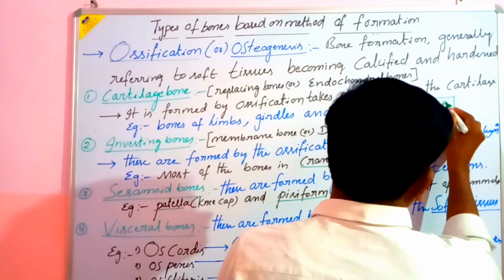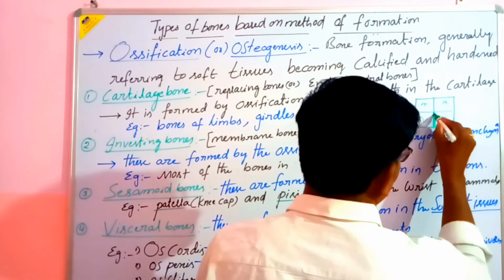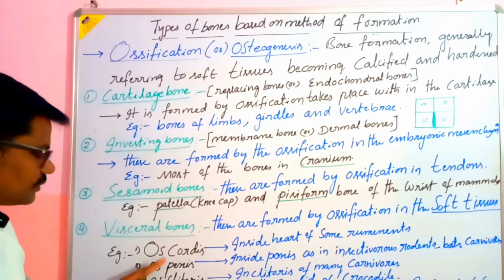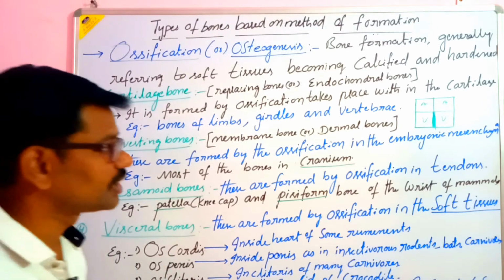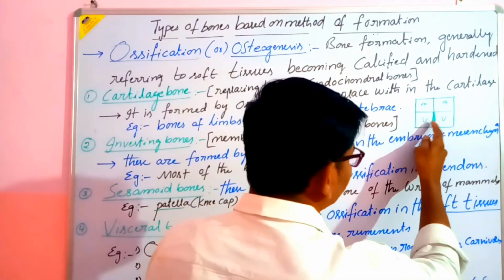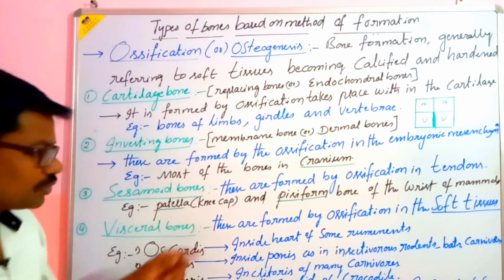The auricles are separated by the interauricular septum, the ventricles are separated by the interventricular septum. This interventricular septum of some ruminants is made up of visceral bone, which we call os cordis. Os cordis is present in the interventricular septum of some of the ruminants.